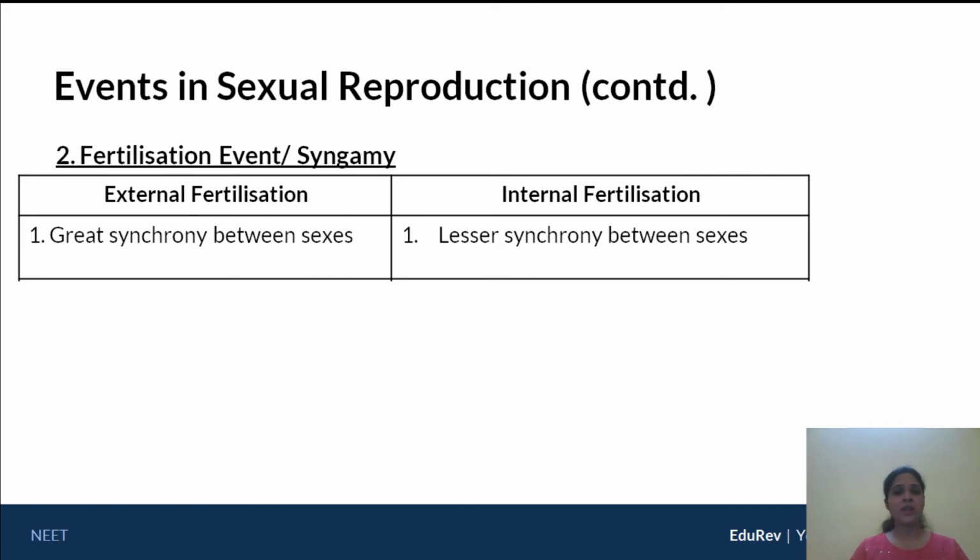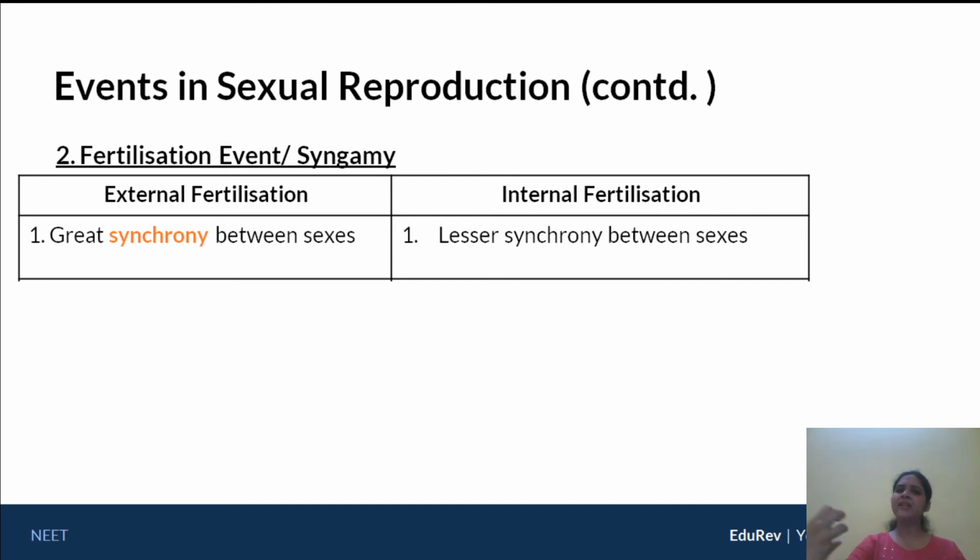For example, we need to understand what's the meaning of this word synchrony. Suppose I give you frogs, a male and a female frog, you need to remember that they undergo external fertilization, implying the male and female give out their gametes into water and then they fuse in water. So fertilization is an external event here, it's not in the female. Now the question here is, why is great synchrony required?